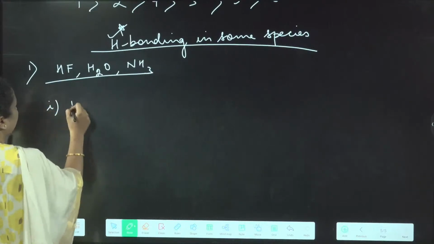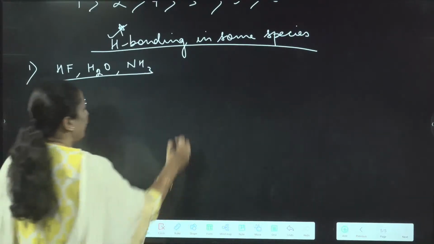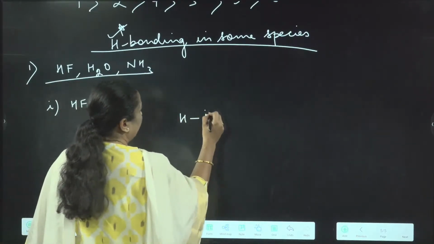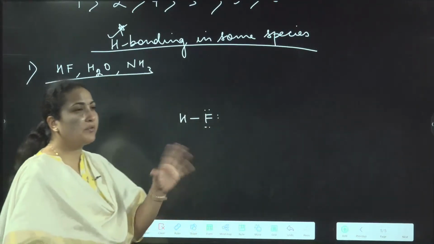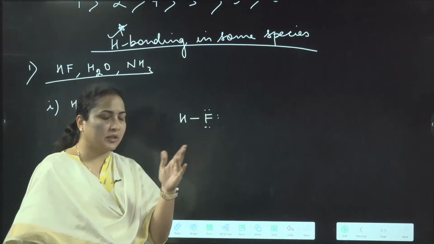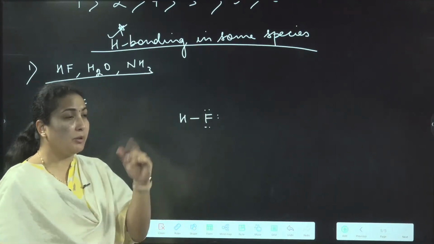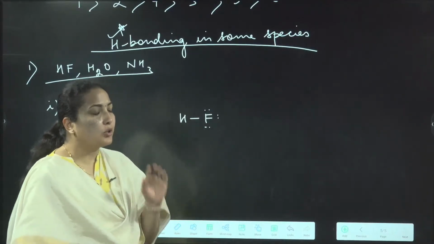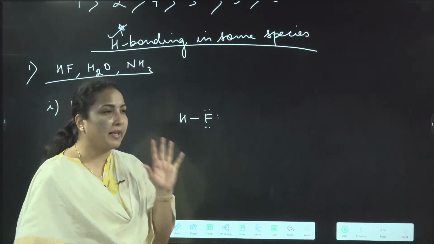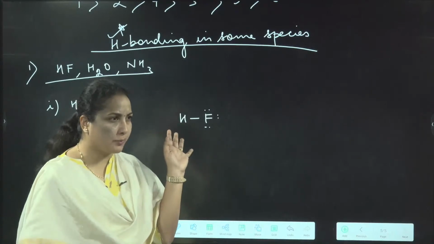Now let us see for HF. For HF, let us see how many hydrogen bonds it will be able to make. Whichever is in lesser amount will be in more demand. That's the concept of limiting reagent, right? For a hydrogen bond, we require hydrogen and we require a lone pair of electrons present on the atom.